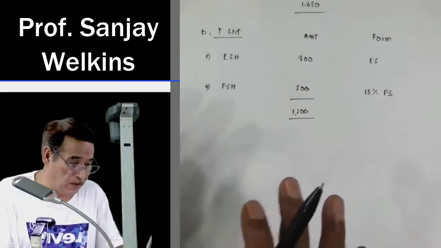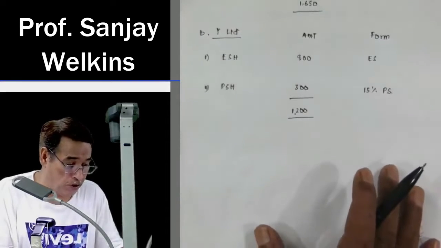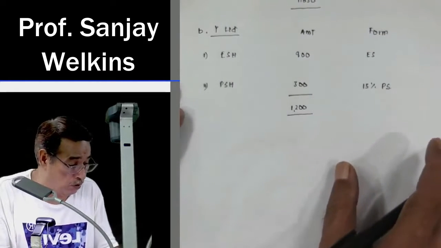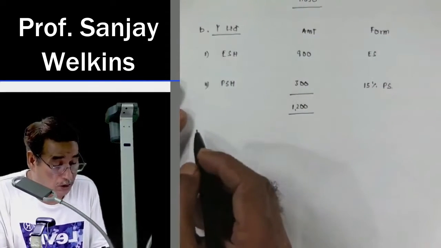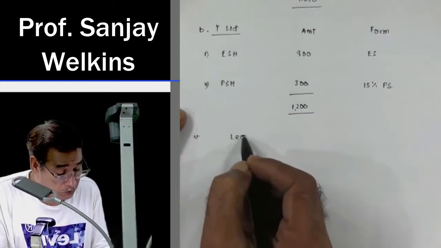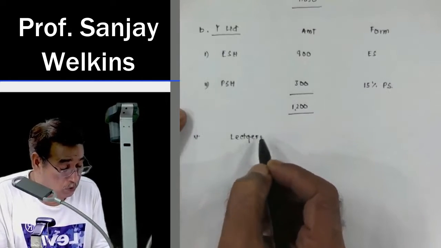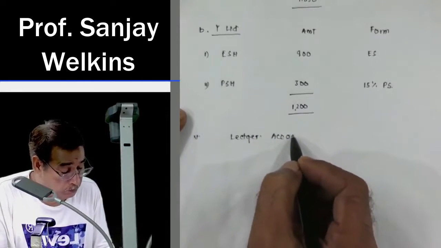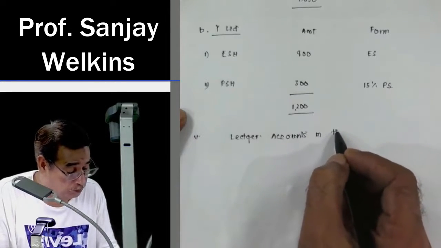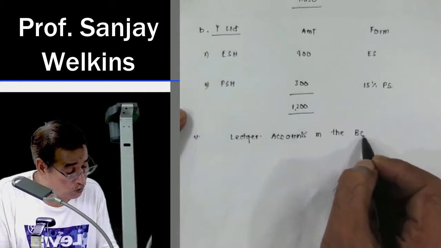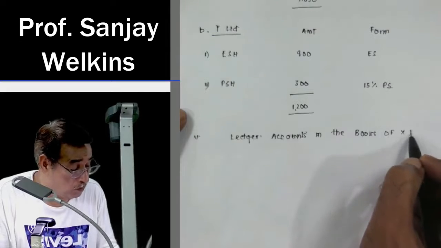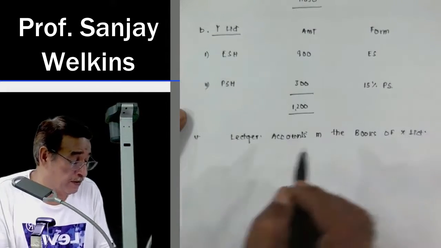Although the question hasn't asked about it, just to give you a better picture, I will also prepare, although I should not, but still I will prepare for you, step number 5: ledger accounts in the books of X Limited.